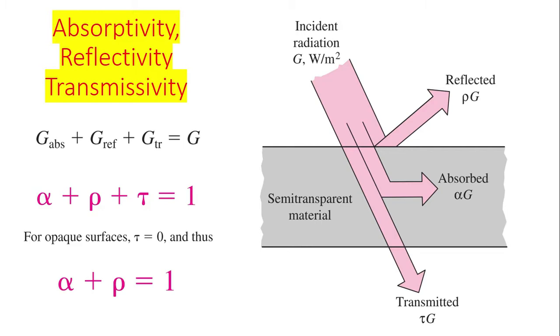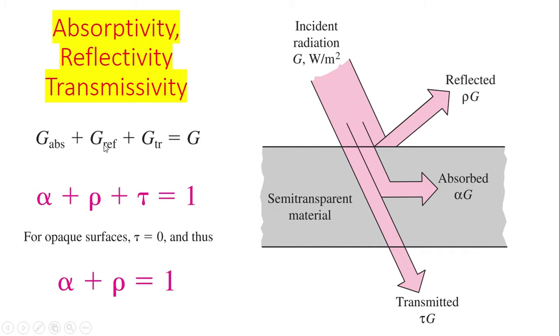The first law of thermodynamics requires that the sum of the absorbed, reflected and transmitted radiation energy be equal to the incident radiation. If we divide by G on the left hand side, this will be G absorbed divided by G, which is known as the absorptivity.